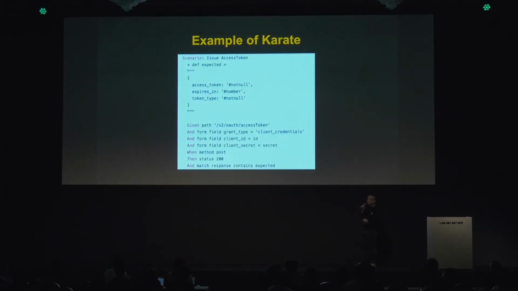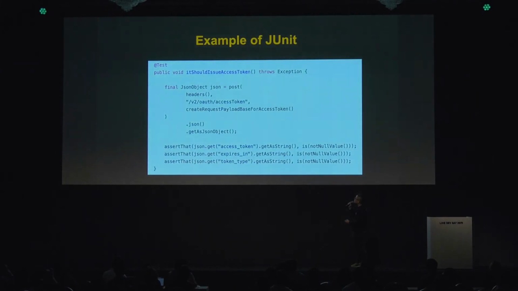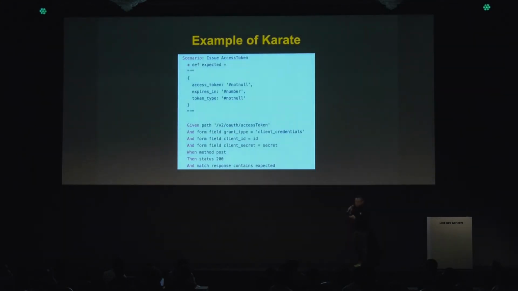So let me actually show you the code. This is Karate code, and JUnit code. What it's doing is the same, but what's written is completely different. So here, as you may know, maybe you don't know, but Given, When, Then, this is BDD specific format.